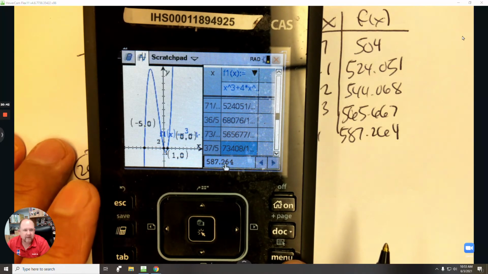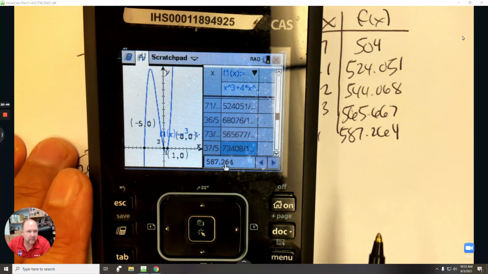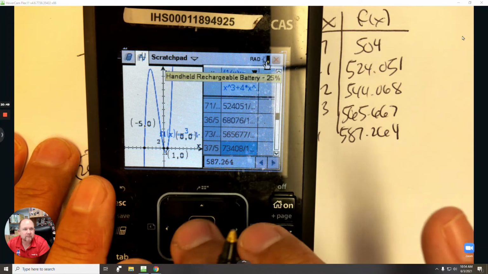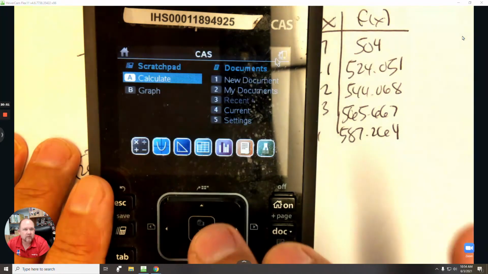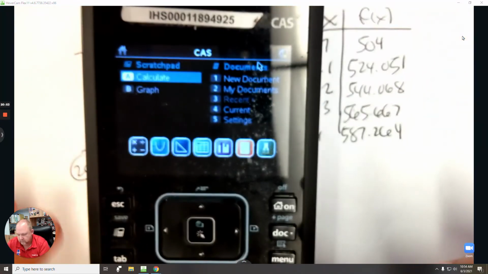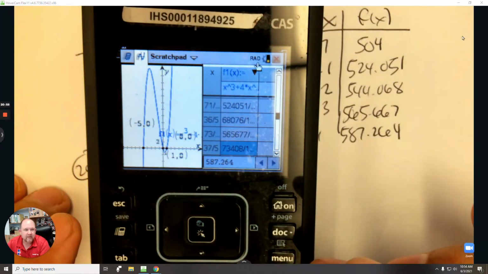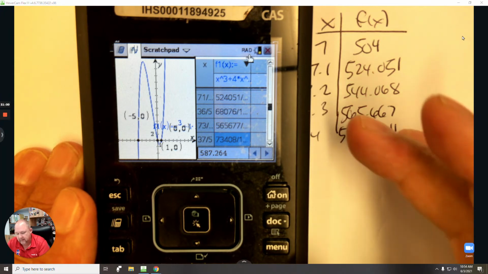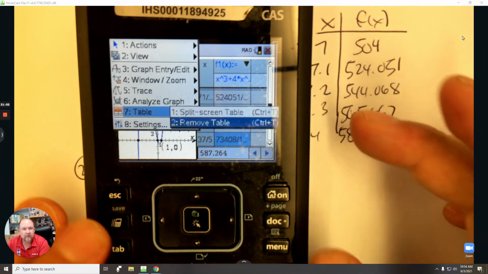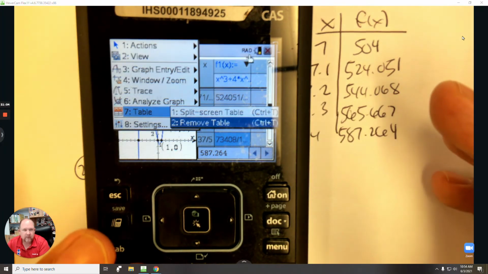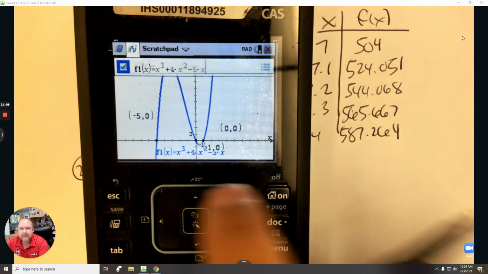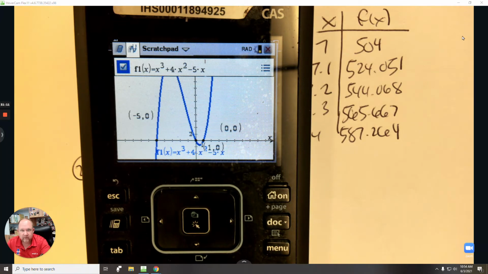Can I just press that X up there? No. I think table off. Let's press menu again. If I want the table to be removed, I press 2. All right, simple enough.